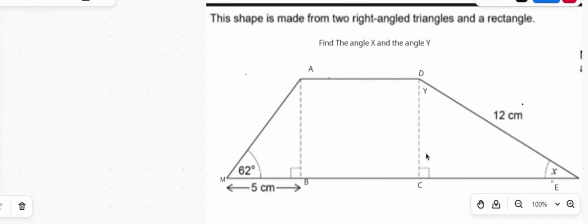And once you find DC, in addition to the hypotenuse that we know, which is 12 centimeters long, we can use this information to find the angles X and Y. So let us start solving our question.